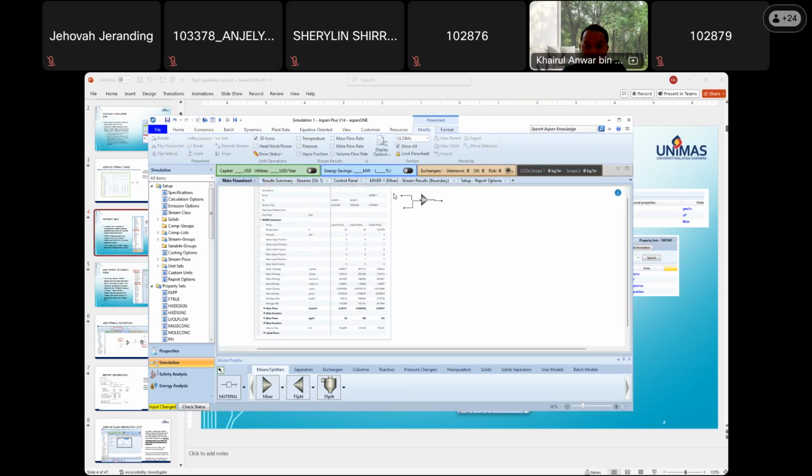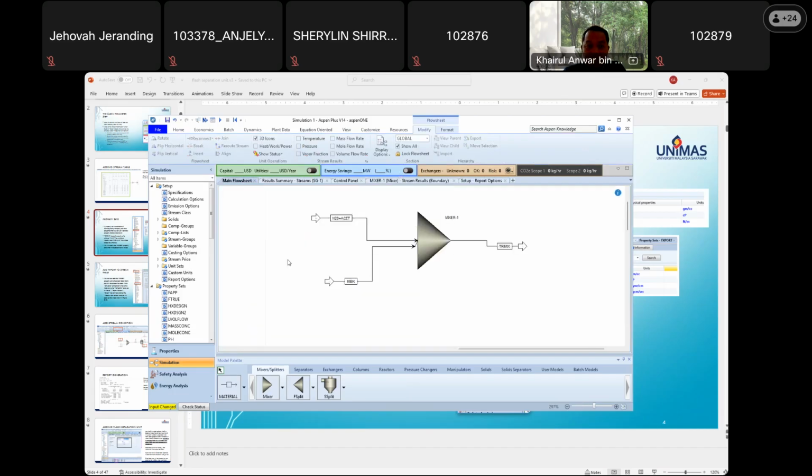Now zoom in. It's already on modify, then you can choose temperature and pressure. See it appear. This is 25 degrees C, 1 atm. After the mixing, it's 19 degrees C, pressure still remains.